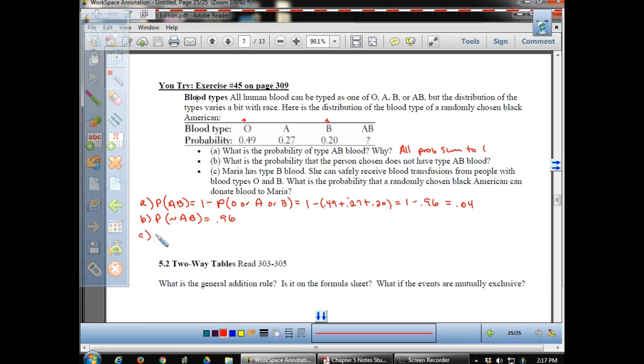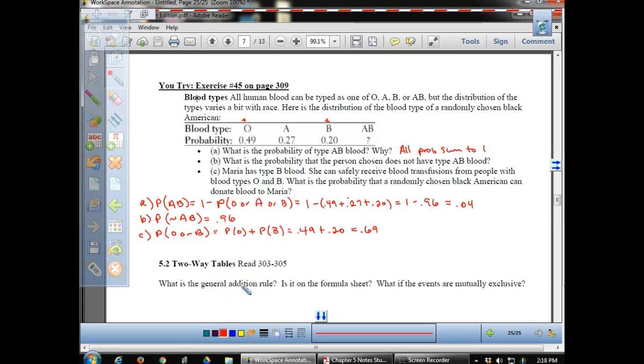So it's going to be the probability basically of O or B, which is the probability of O plus the probability of B. And I'm going to go ahead and mention here, these two events are mutually exclusive. In other words, you can't have both type O and type B blood. You either have one or the other, and we'll talk about that a little bit later. And then that will give me 0.49 plus 0.20, which is 0.69.